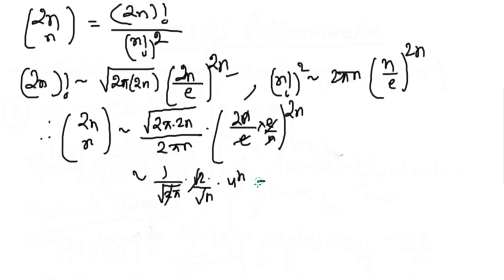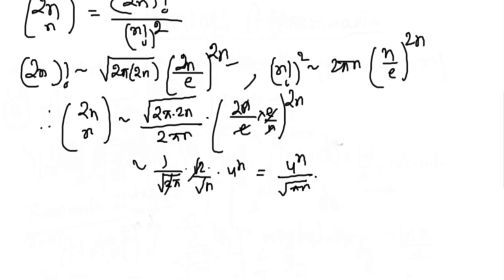Root 2 and root 2 also gets cancelled, and this equals 4 to the power n by root over pi. So we have a good approximation right now.